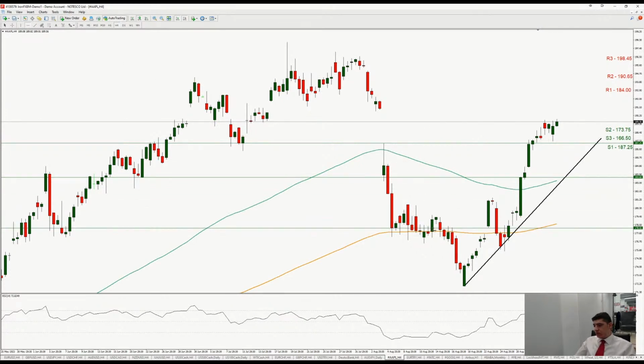And then for S3, we're looking for as many touches as possible, and preferably opening and closing figures as well.